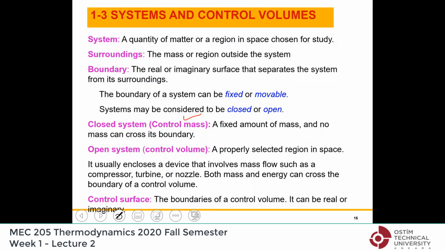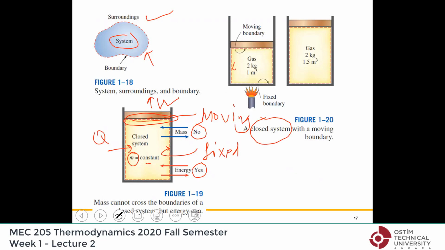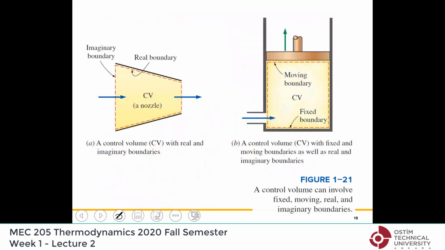Open system or control volume is the space, the region that you choose for analysis. For example, let's say you have a water nozzle and you want to analyze the nozzle. This is the nozzle, with its real boundaries.